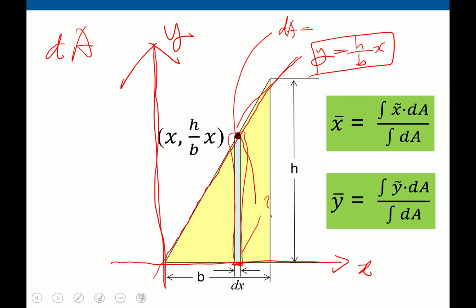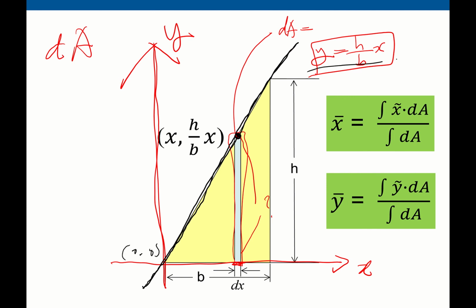Let me draw in another color. We have a line that passes through the origin (0, 0) here. This is the equation, y equals h over b x. So this point is x comma h over b x, because we plug x into this equation.